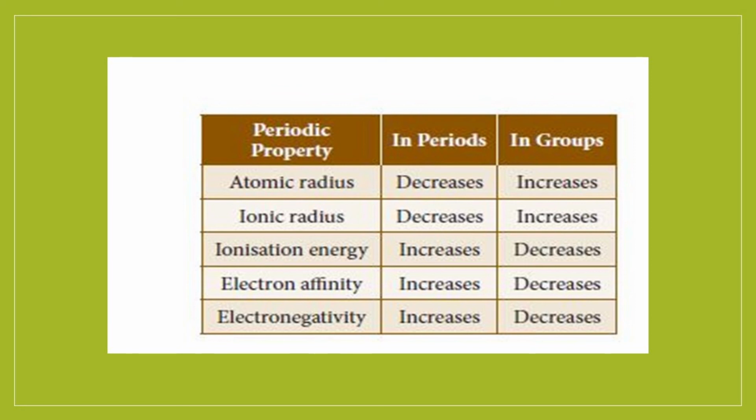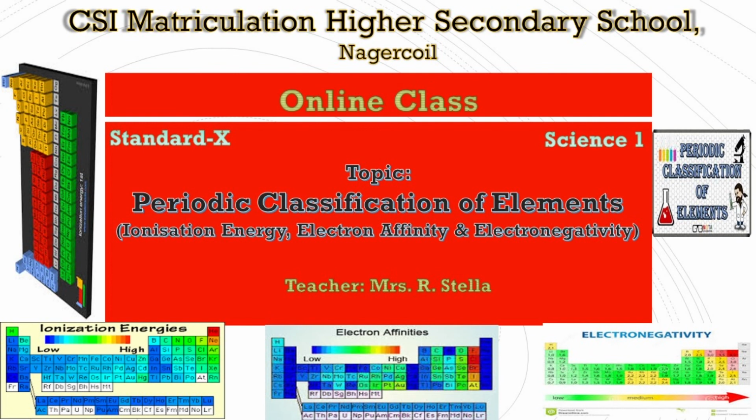If you see the ionization energy, electron affinity and electronegativity, as we move from left to right in a period, it increases. And as we move from top to bottom in a group, the ionization energy, electron affinity and electronegativity decreases. Children, I hope you all have understood.